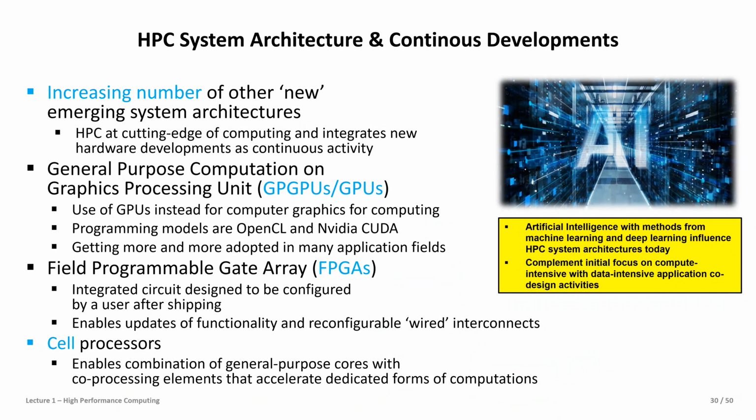Then there was the Cell processor as well. So you see that there are always new processor architectures. Today, we have the TPU, the Tensor Processing Unit. We even have a graph-oriented design of processor units today, which I will show you down the road in this course.